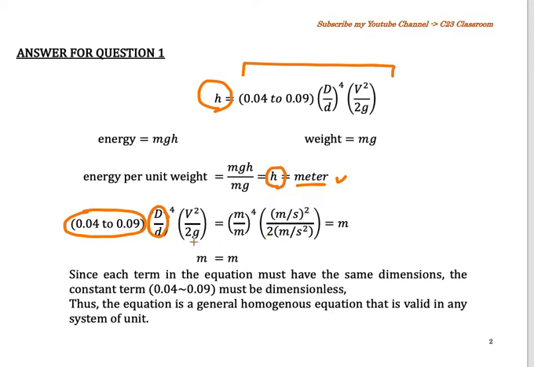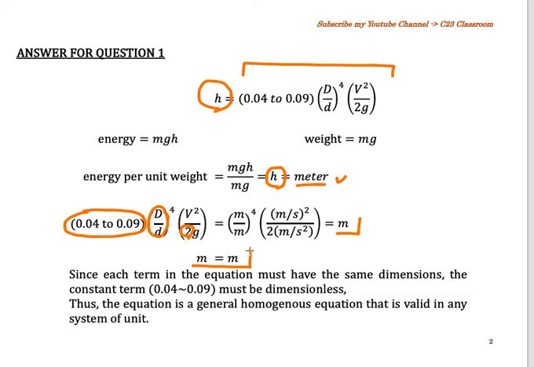And 2 is without any unit, and gravity is the acceleration. So after we cancel out all the parameters here, we found that on the right hand side the unit is meter. So now the left and right hand side of the equation are both in meter.